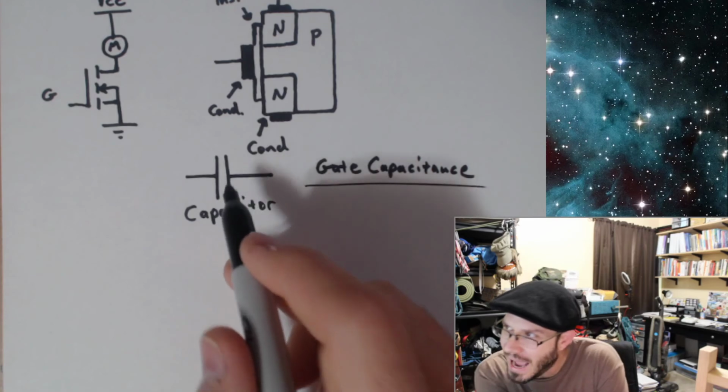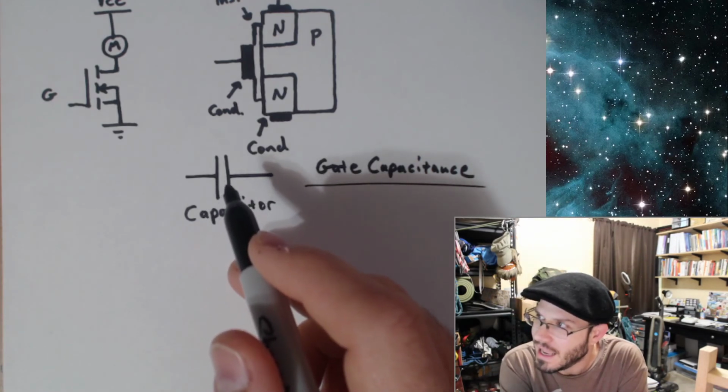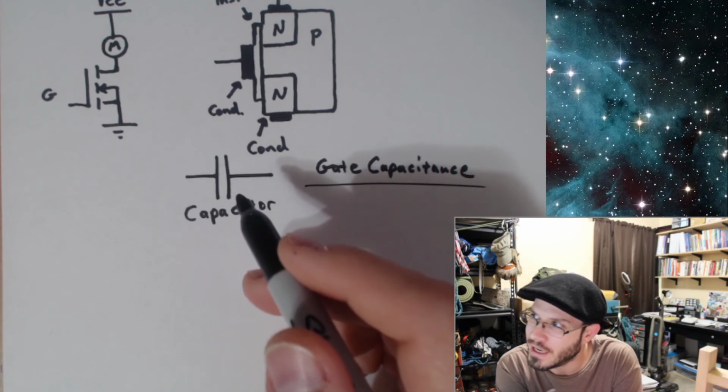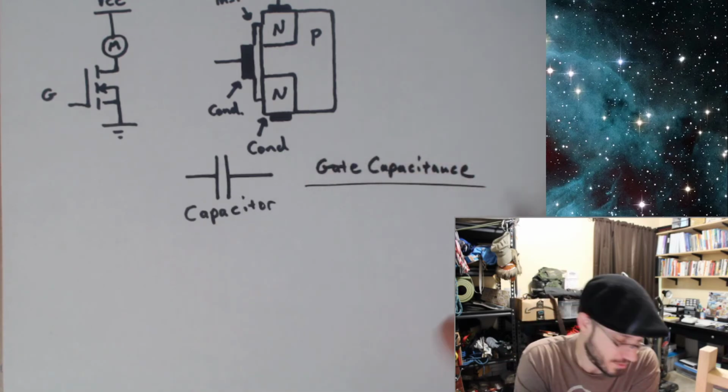When a capacitor has no charge on it, and you initially apply a voltage to it, how much current does this draw?